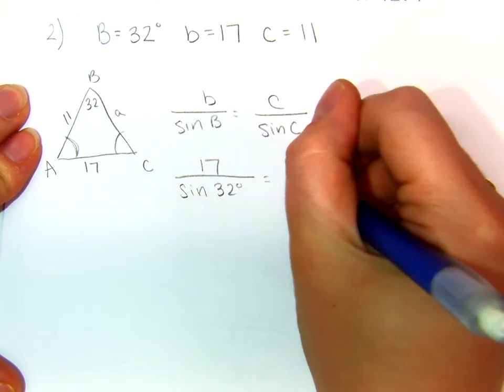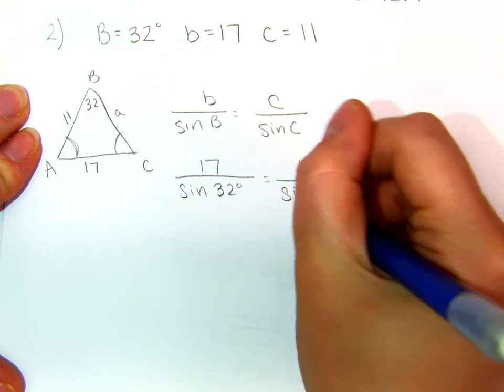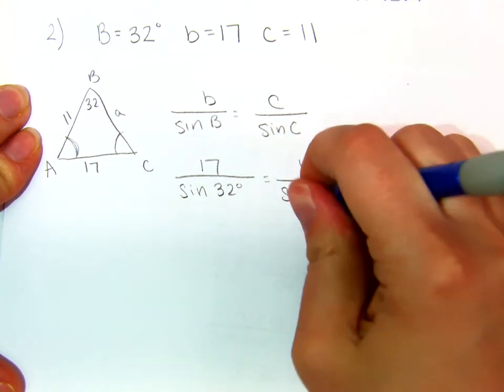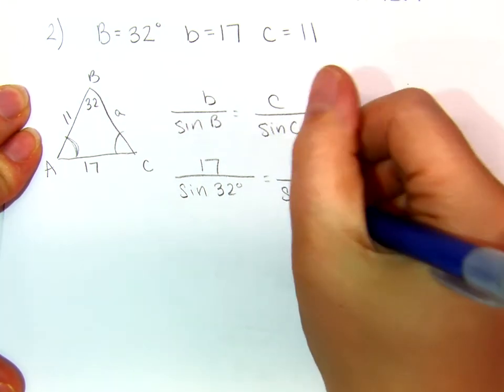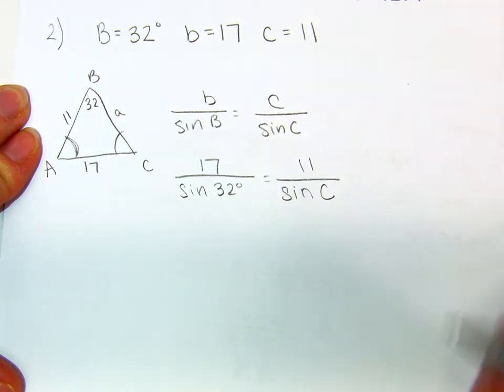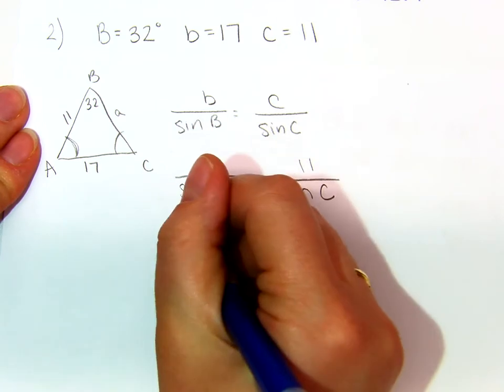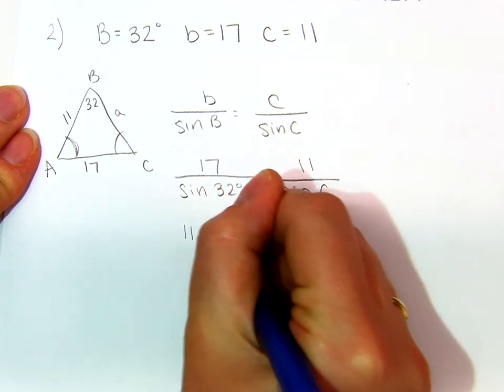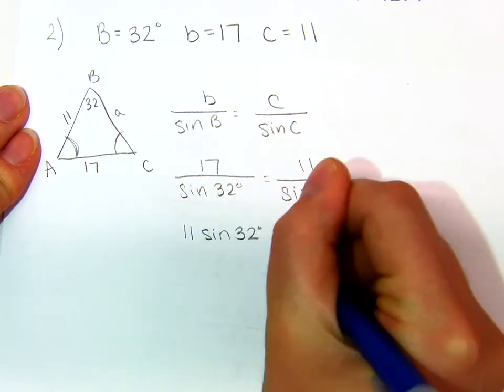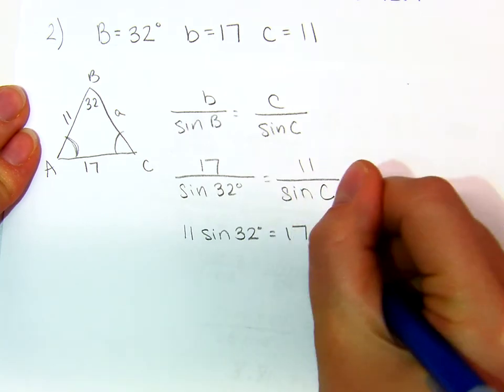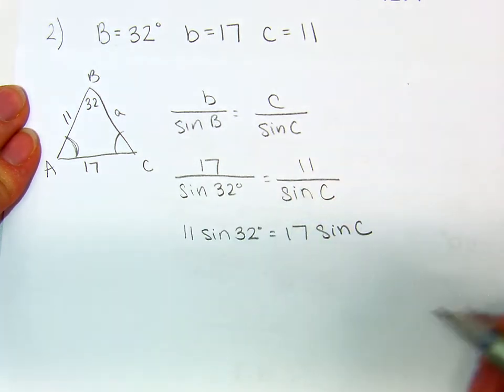Side C is 11 and angle C I don't know, so that's what I need to solve for. So again, I want to cross multiply. So 11 times sine of 32 equals 17 times the sine of C.